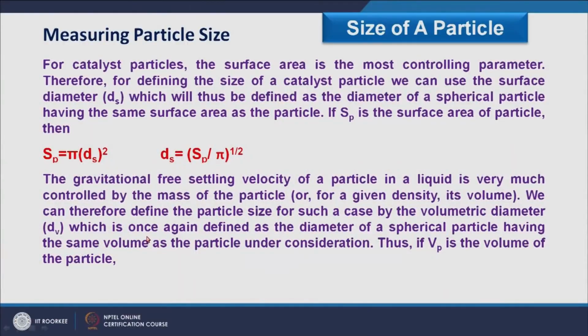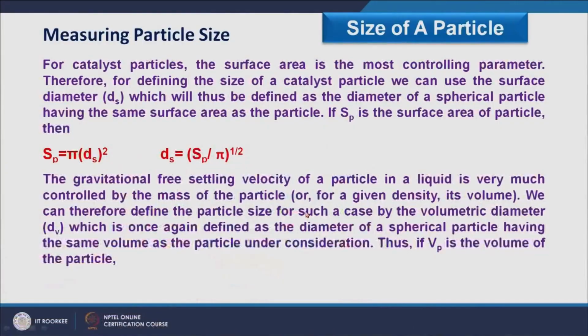So mass is the controlling characteristic in this, or for a given density its volume. So we can therefore define the particle size of such a case by volumetric diameter, that is dV, which is once again defined as the diameter of a spherical particle having same volume as the particle under consideration.